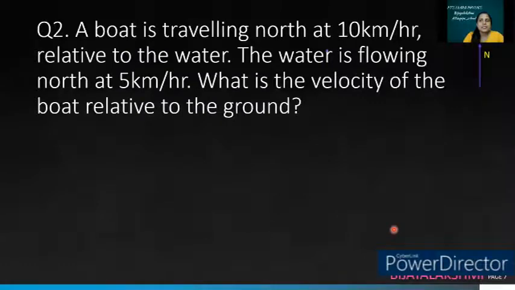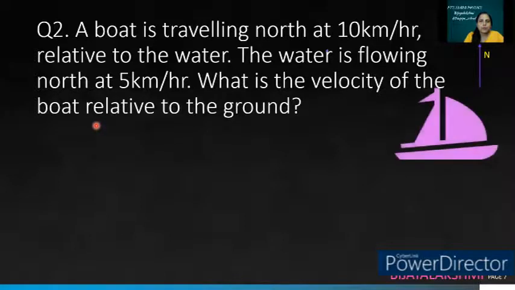Similarly, let's discuss this sum, where it says a boat is traveling north at 10 kilometers per hour relative to water. The water is flowing north at 5 kilometers per hour. What is the velocity of the boat relative to the ground? So here we get a boat traveling due north relative to water.